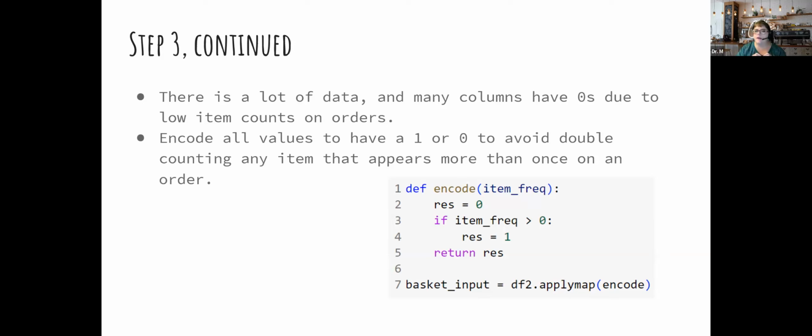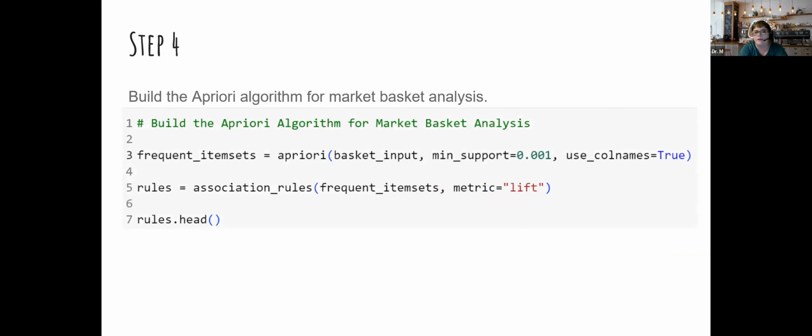So we're going to write a little function that encodes things so that all values will have a 1 or a 0, and this will allow avoiding the double counting. So if I purchased at the grocery store twice in a given day and I bought the same item, okay, that's not an issue. But if I went to the grocery store and I bought different items, it's basically going to differentiate, okay? So item frequency is what we're worried about. This simple little function, you'll see how it works when we actually run it.